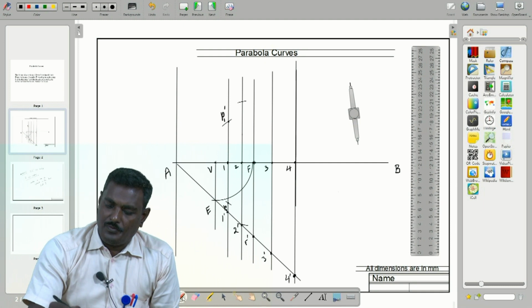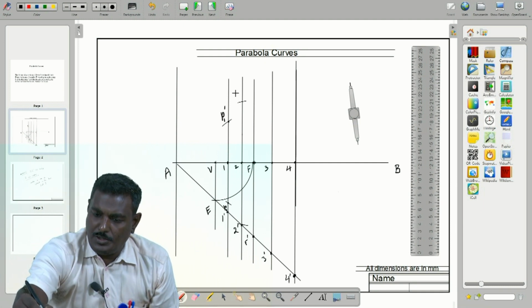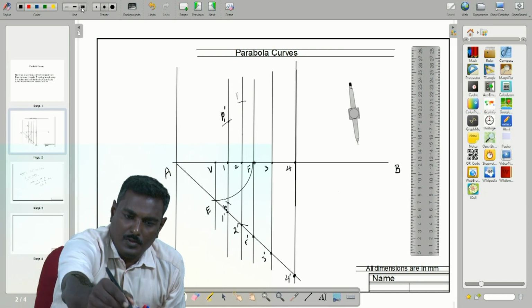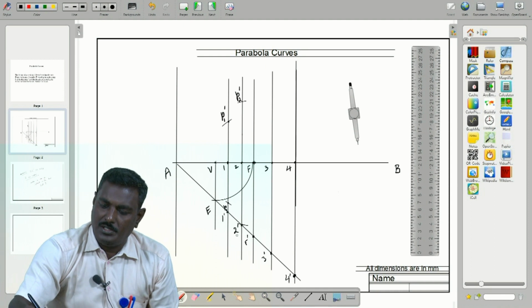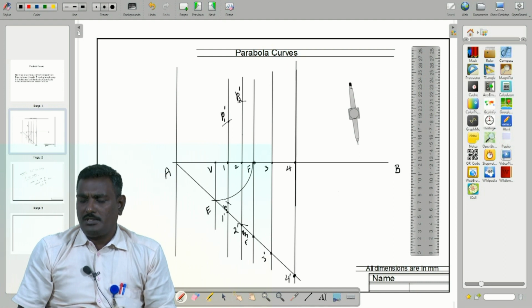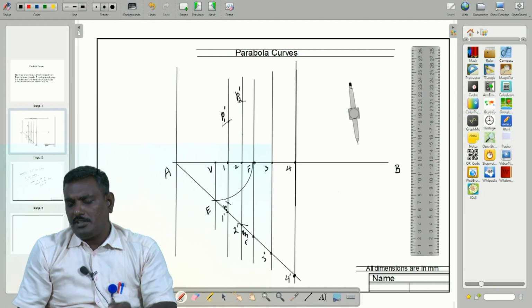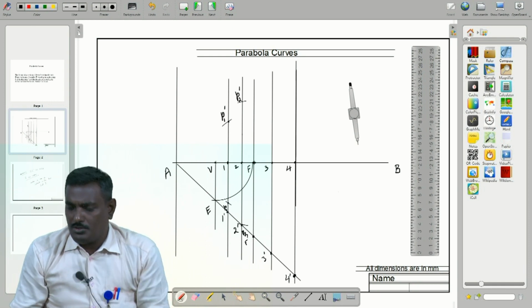Now lettering: P2 dash, and here P2. P is nothing but the locus point. So now we are tracing the locus points of points 1, 2, 3 and 4 and F also.